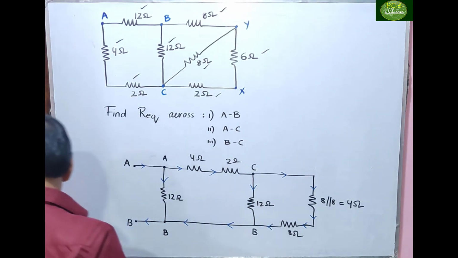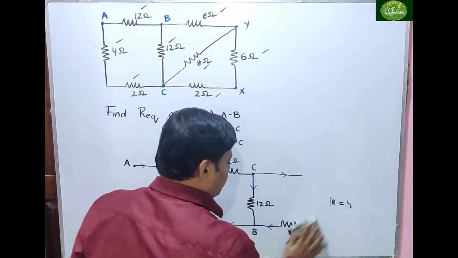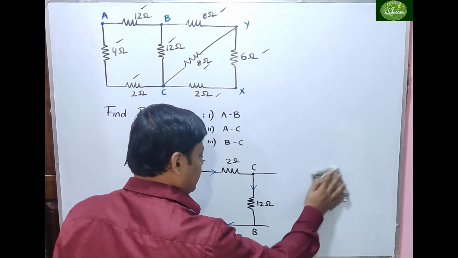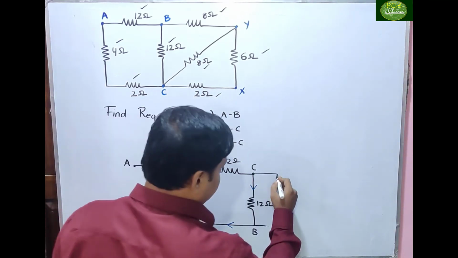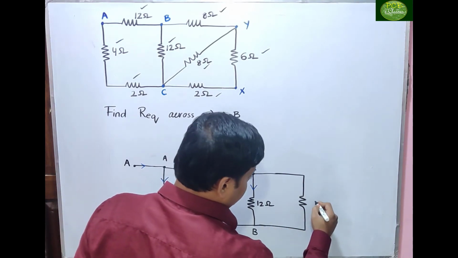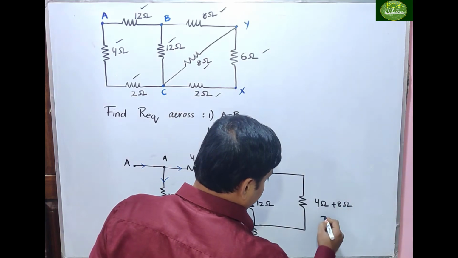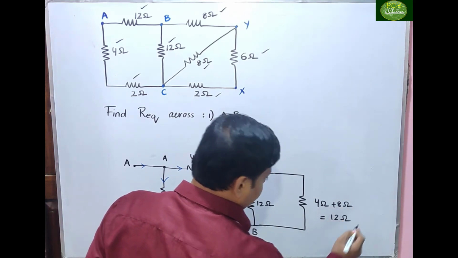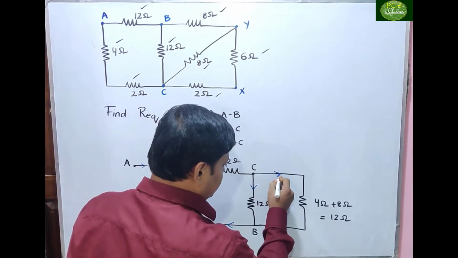Yes, I can say this is in series. So I'll replace this with a resistance of 4 ohm plus 8 ohm, that is equal to 12 ohm. Fine. See the current direction continues like this.